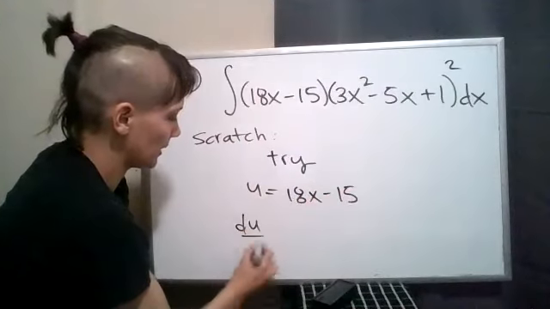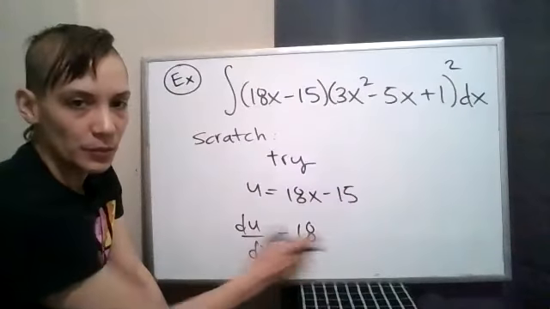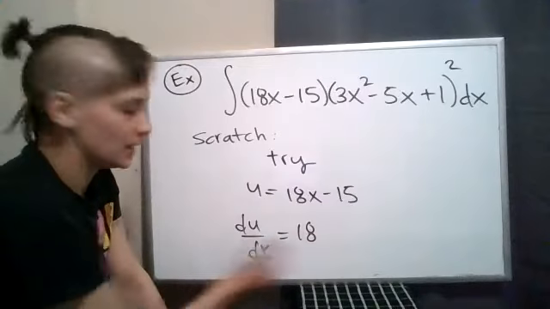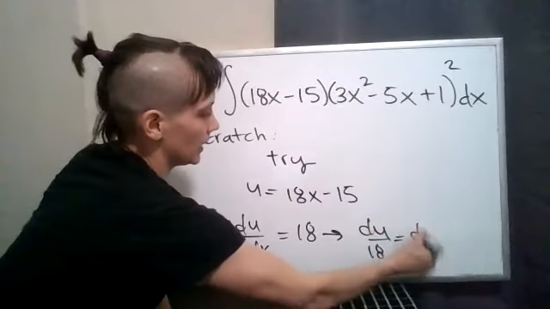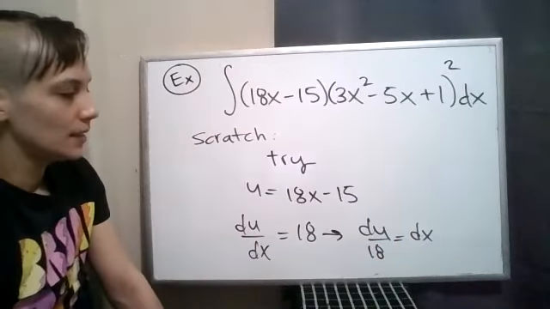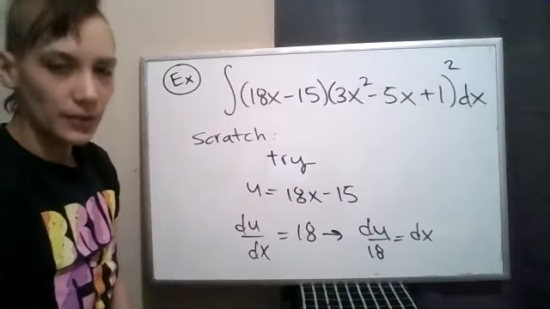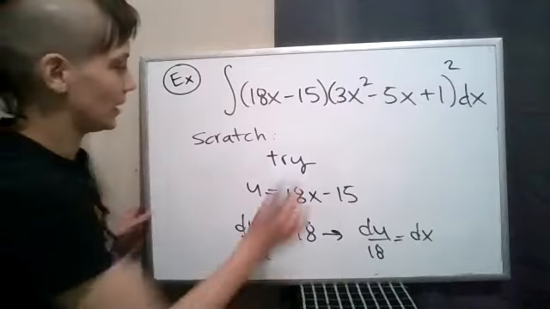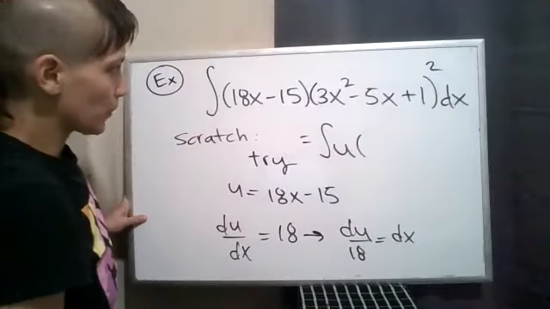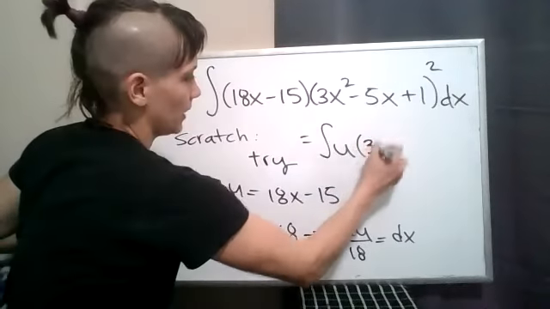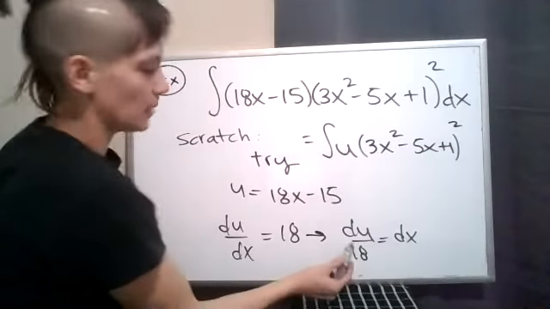du over dx would be 18. So multiply by dx and divide both sides by 18 to get du over 18 equal to dx. If I do it this way, I kind of get stuck. I would have an integral of u times 3x squared minus 5x plus 1 squared times du over 18.